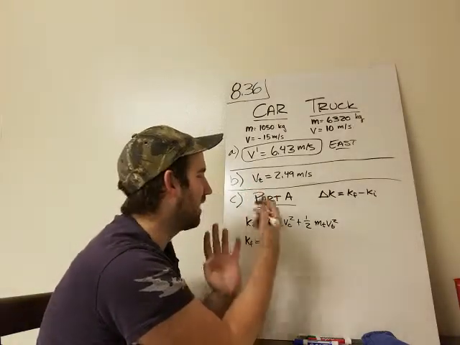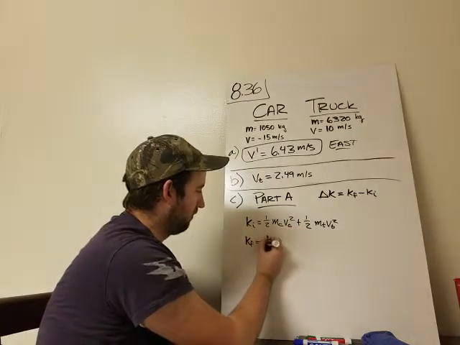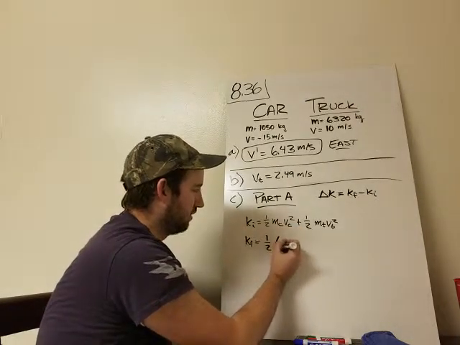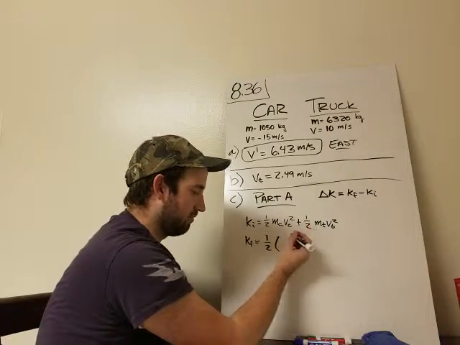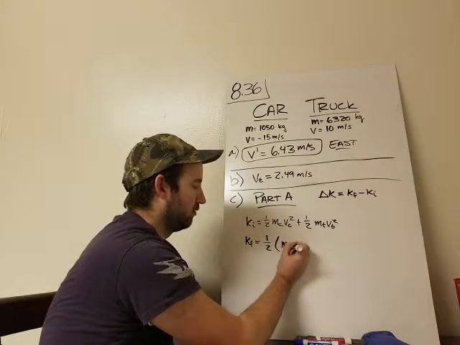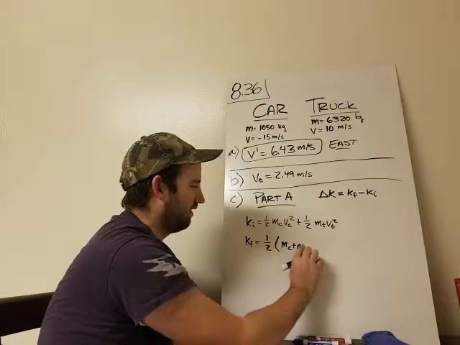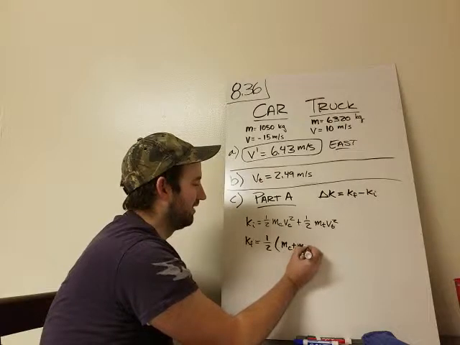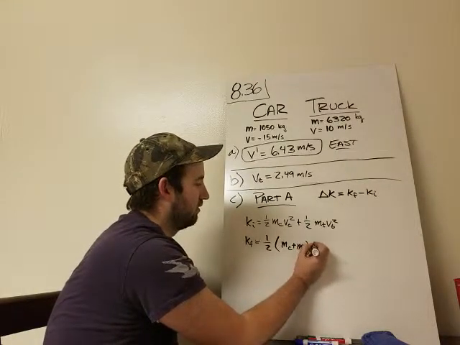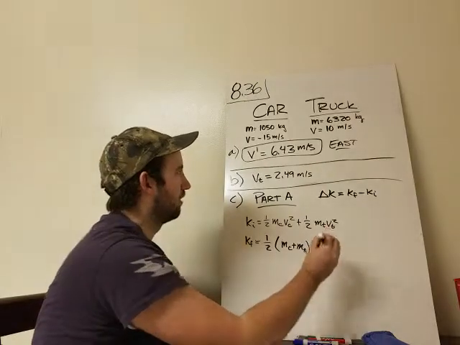Our final kinetic energy is going to equal, now remember, this is when they're combining together, so we only have one mass in the combined. So it's going to be 1/2 times m, which is going to be the combined mass, mc plus mt, times v prime squared.